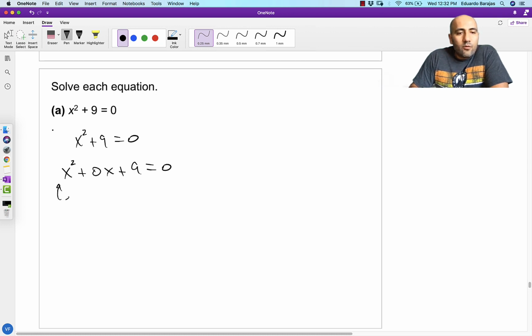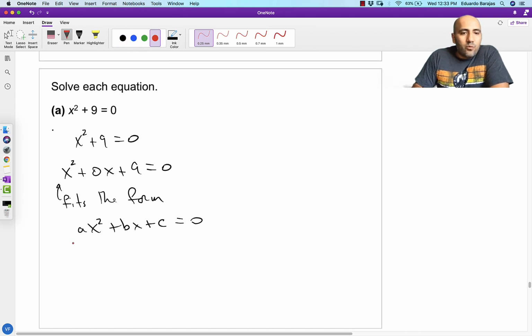So this fits the form of ax squared plus bx plus c equals 0, where the role of a is being played by a 1, the role of b is being played by a 0, and the role of c is being played by a 9.